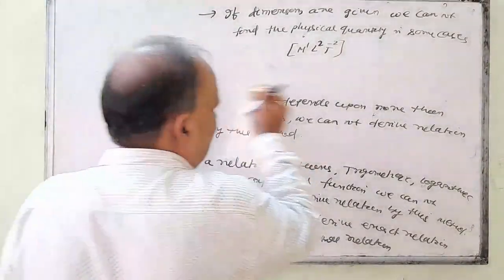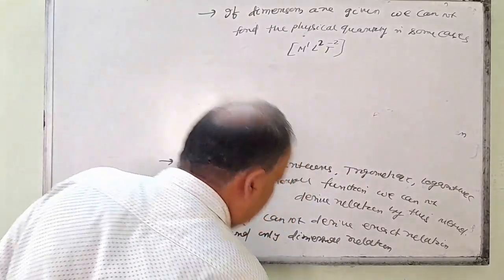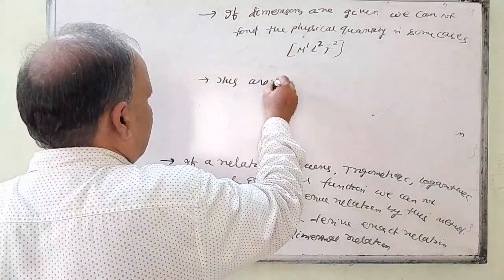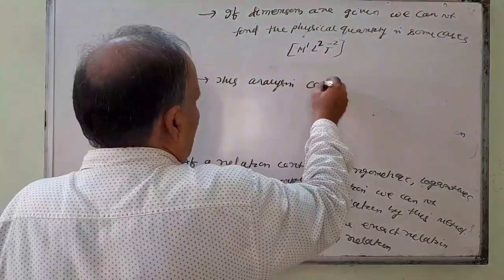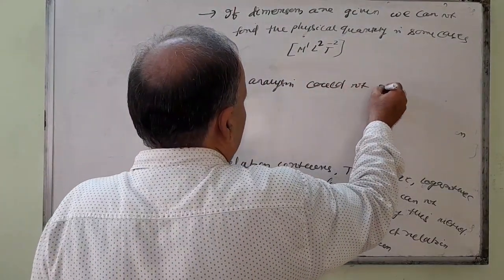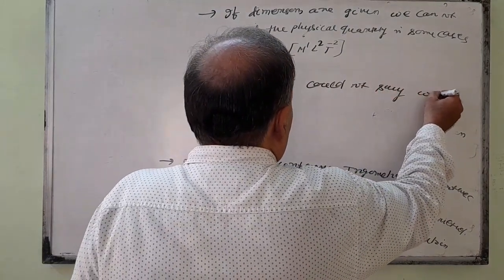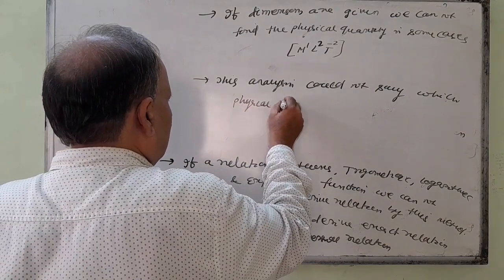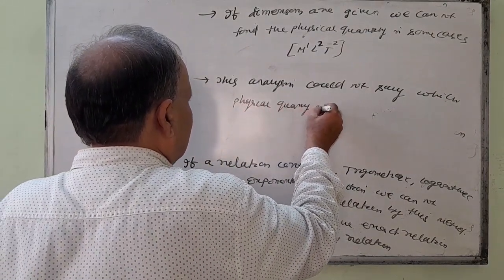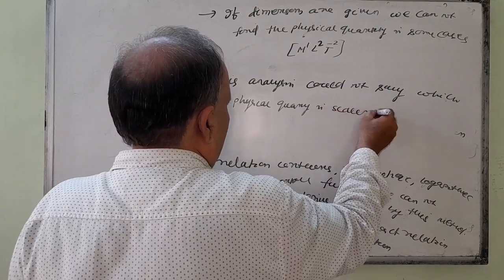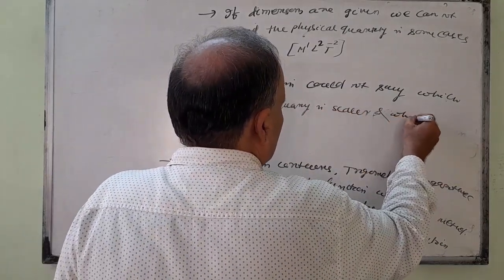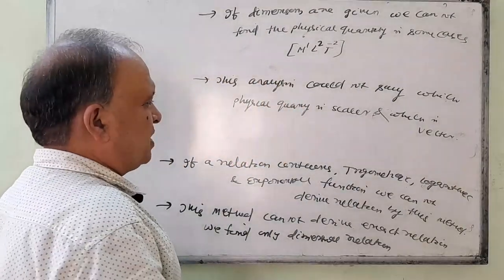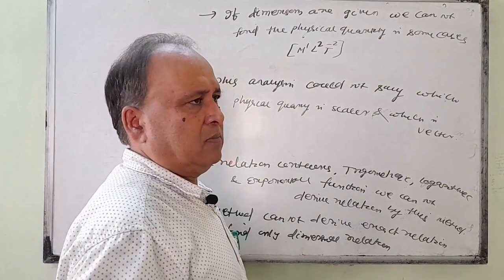Another limitation, this analysis could not say which physical quantity is scalar and which is vector. You see, there are some physical quantities which have only magnitude.